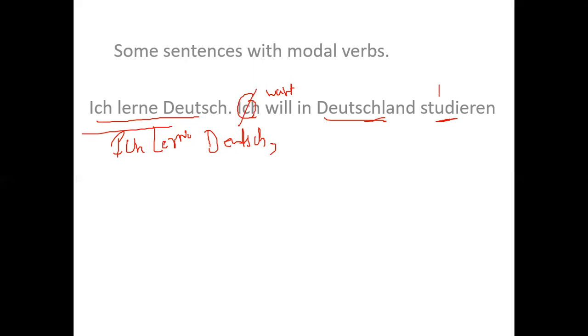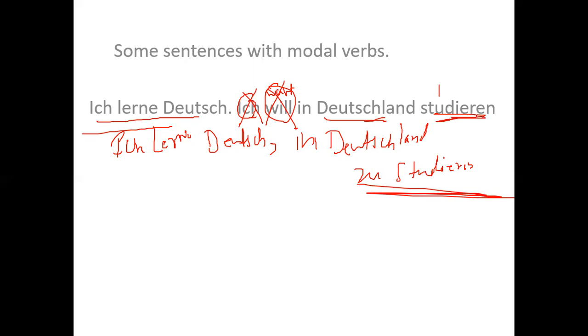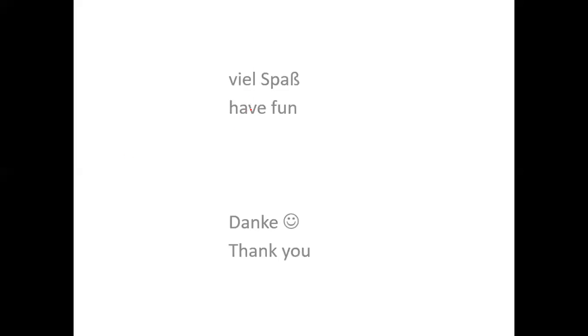This I shall delete. Then in Deutschland, and then zu studieren, because zu plus verb will come at the end of the sentence. Here it was already at the end, so we just need to add zu and delete ich and will.